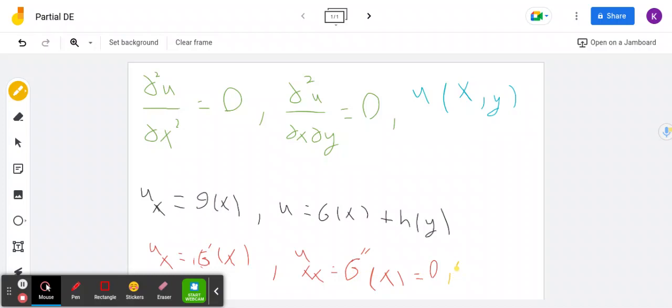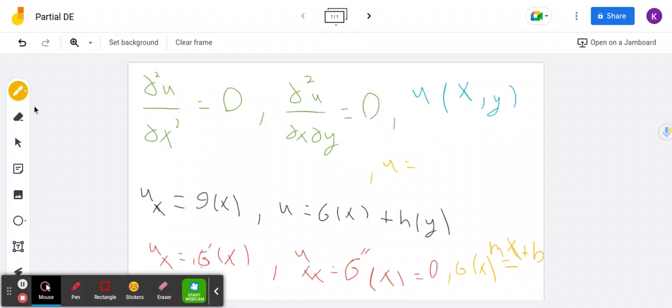So we can write g of x as a linear function, in the actual mx plus b form. And you're basically done, because you have the function for g of x, and it actually doesn't matter what h of y is. The reason is, let me write our final solution.